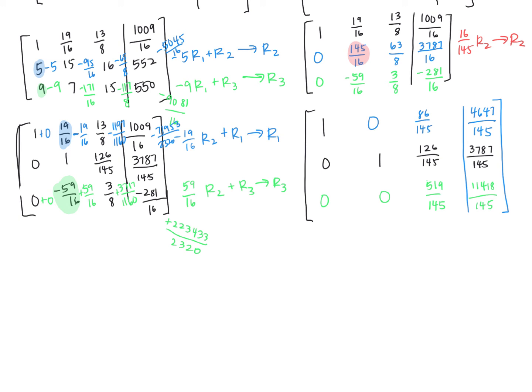Now we want to do the third column. In the third column, we want A33, which in this case is 519 over 145, to be a 1. And so we need to multiply by the reciprocal. So we're going to multiply row 3 by the reciprocal, which is 145 over 519.